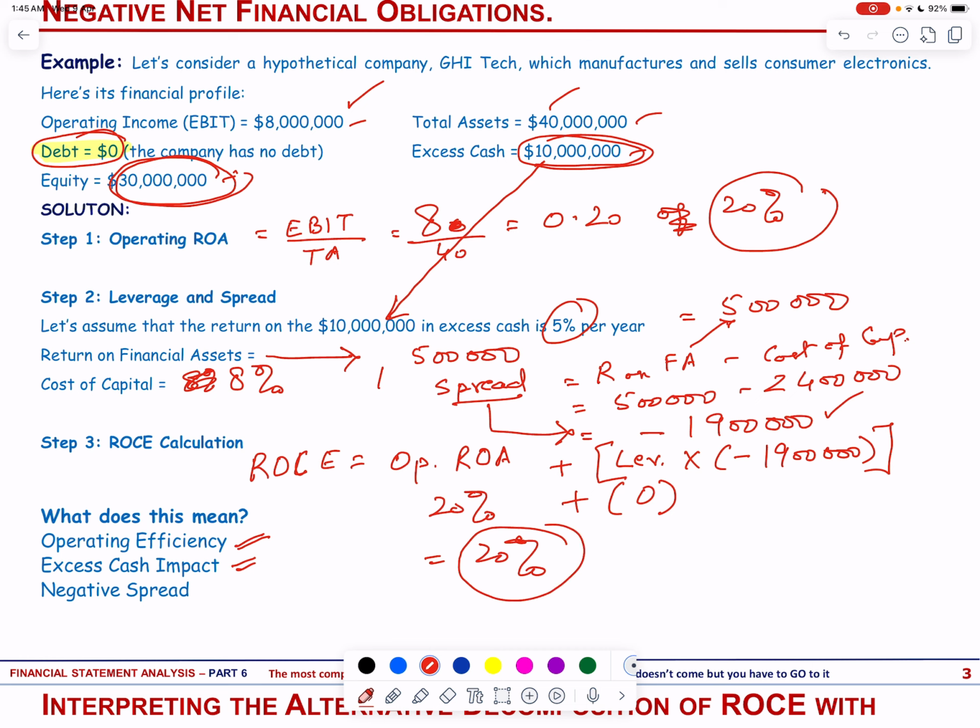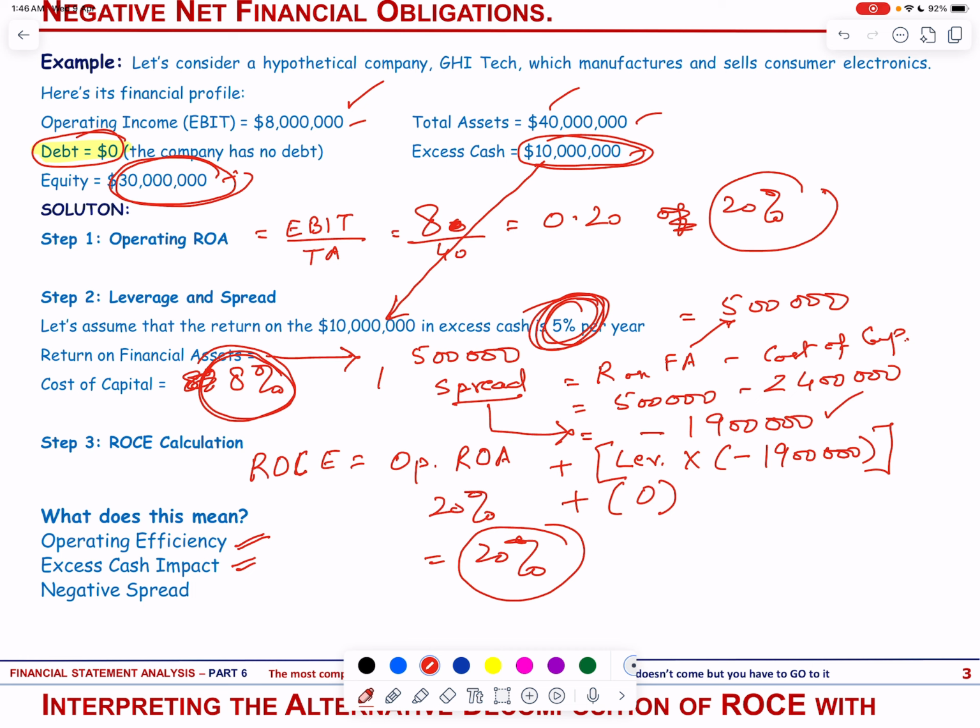However, this excess cash earning is less than the cost of capital. You see, we have assumed that the cost of capital was 8% and the return was 5%, leading to a negative spread.